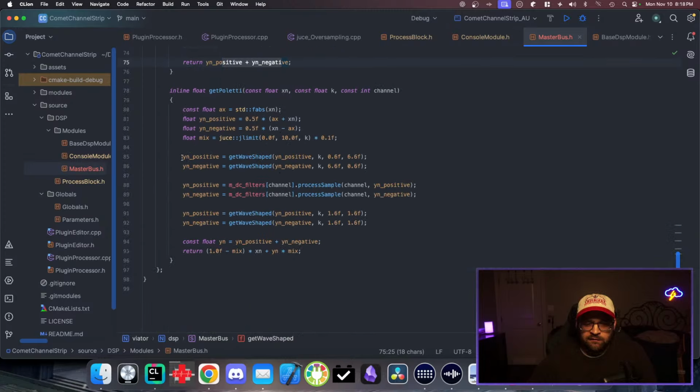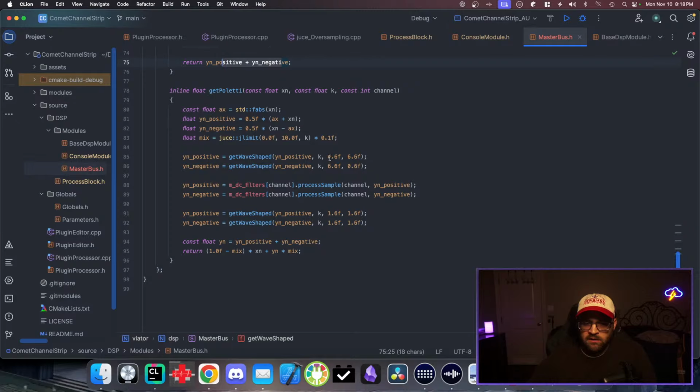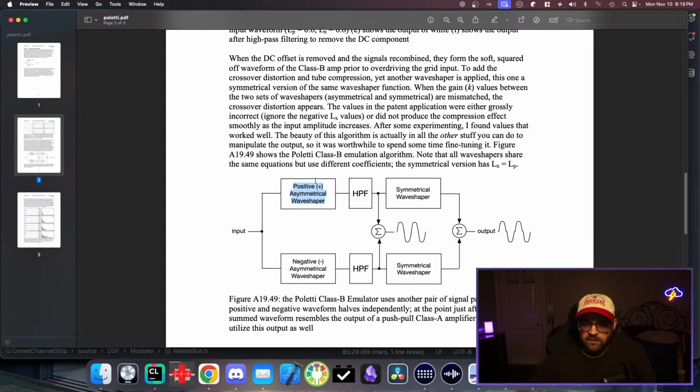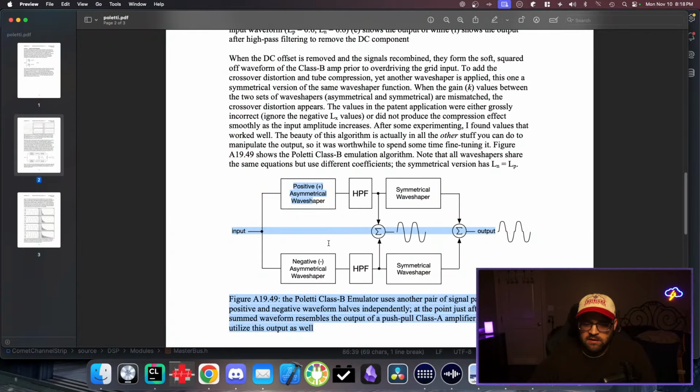So we have our first positive asymmetrical one, right? So this one, positive asymmetrical. So our Ln and Lp don't match, so they're going to be asymmetrical. And same thing for the negative right here.